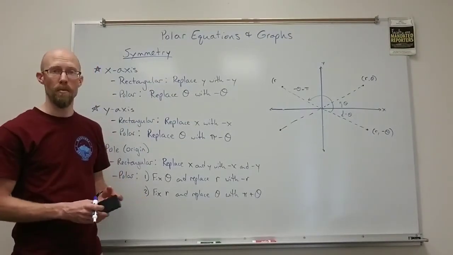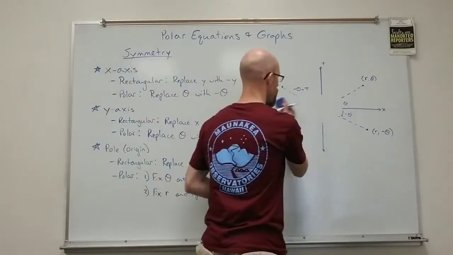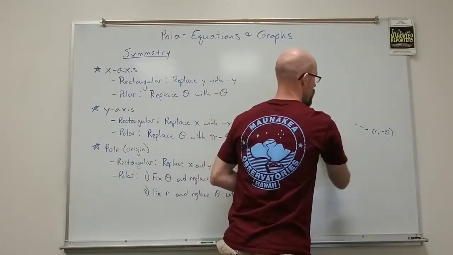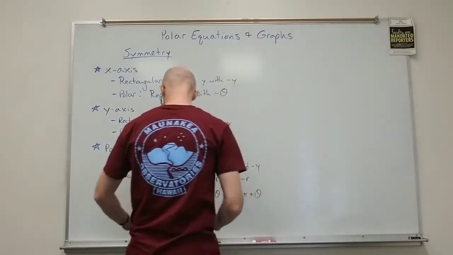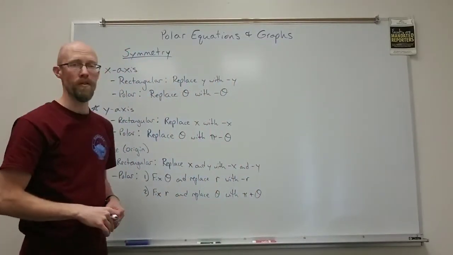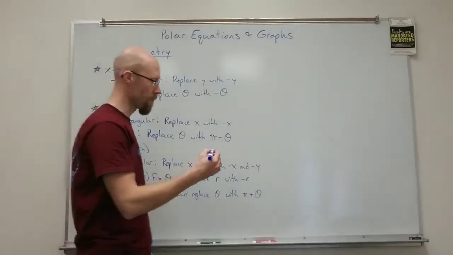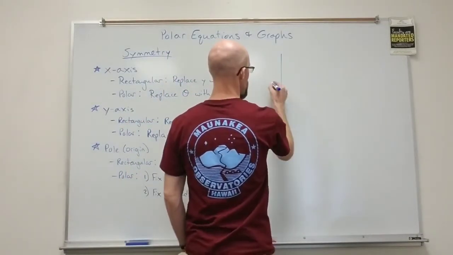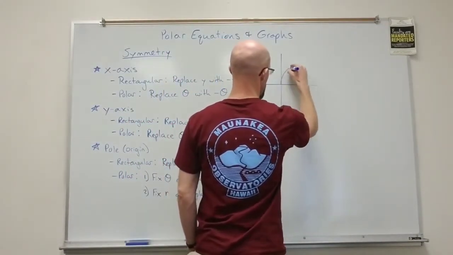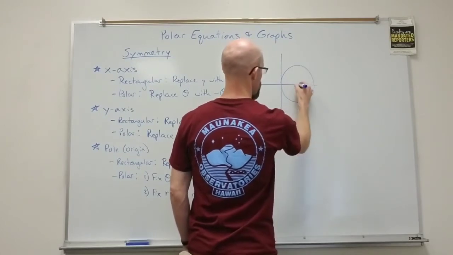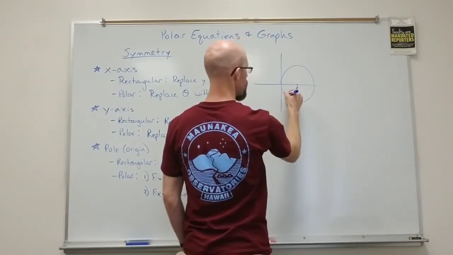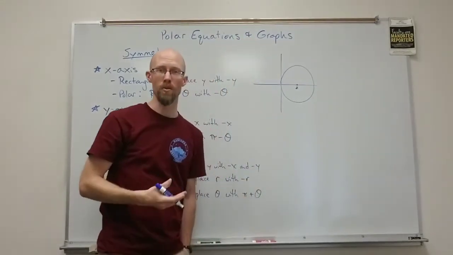A real quick example of this. We just saw, in the previous video, an example where we shifted a circle to the right 2 units, and it had a radius of 2.